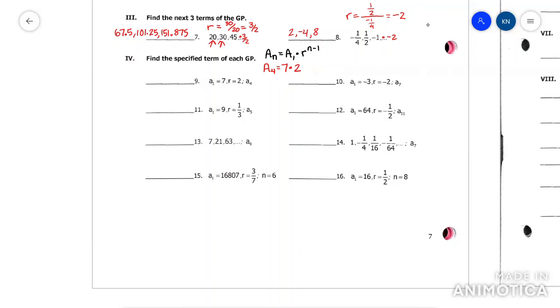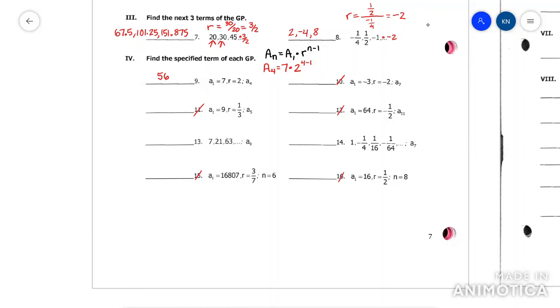And the n is 4 here, so it's to the 4 minus 1. And then you can just punch that in the calculator, or you can work it out by hand. You would get 56 there. So this next one is basically the same thing. These over here are the same. This one's the same. This one's the same. So that's how you're going to do all those.